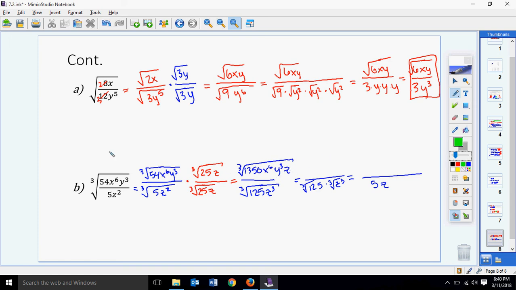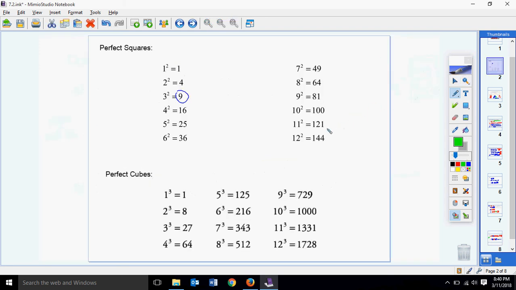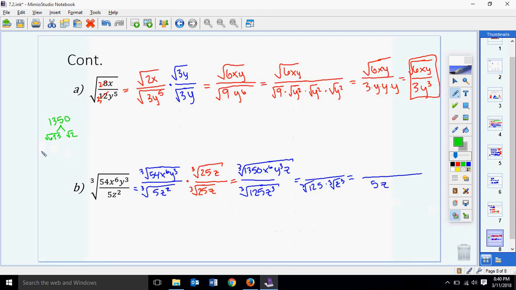So off to the side, let's figure out what 1,350 would break into. If I divide it by 2, I get 675. And looking back, 675 is not a perfect cube, so I want to keep breaking it up further. 675, let's go divided by 5.